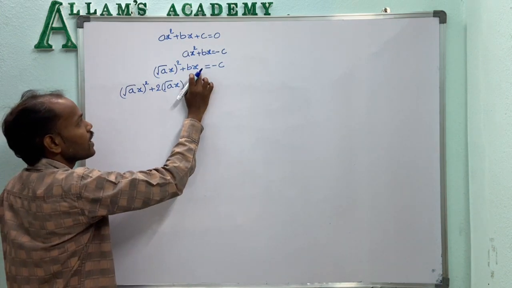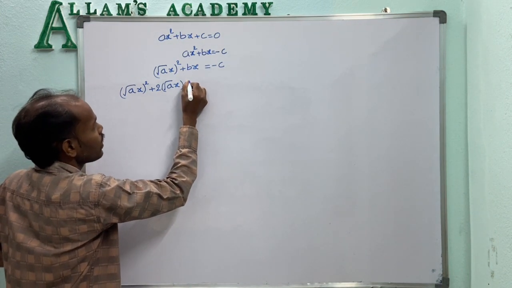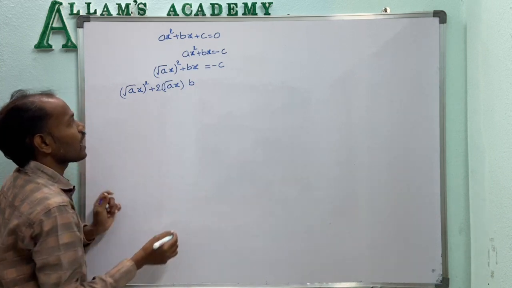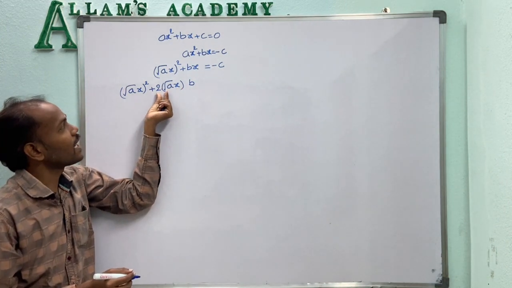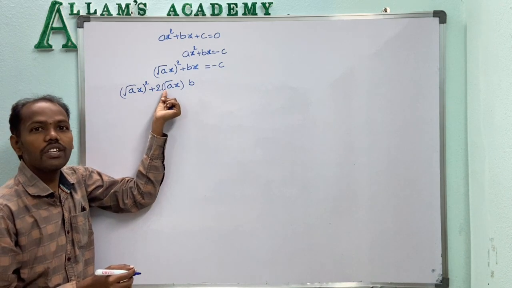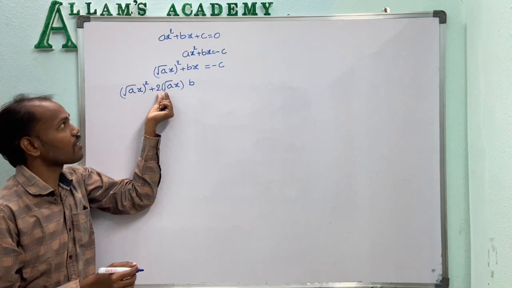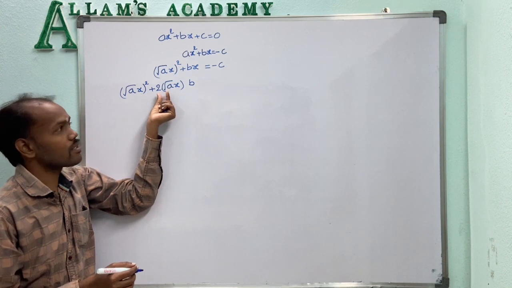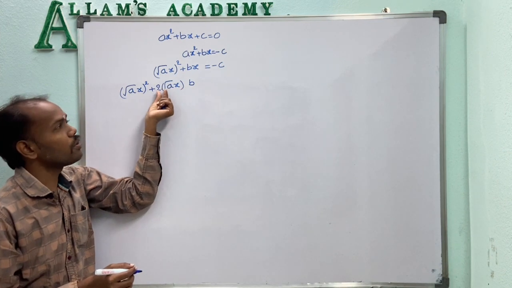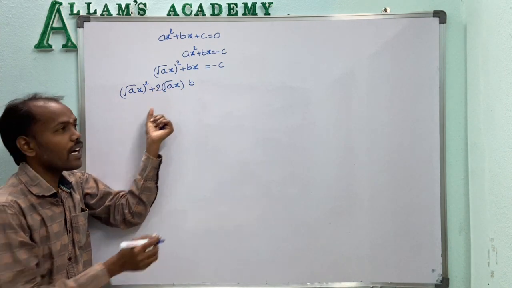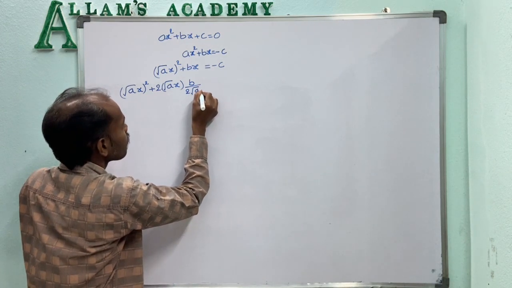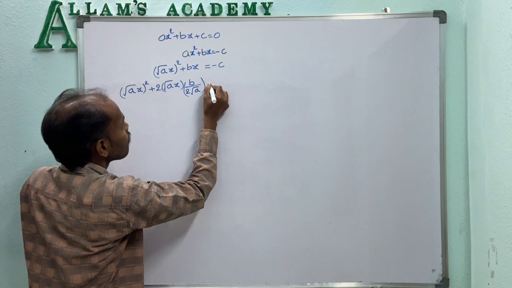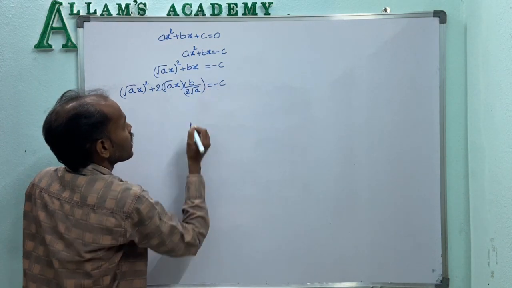Here bx is there, that means b we want to write. Now here b into x, bx, the extra numbers are 2 into root a. That is not there, so to make the multiplication we divide with 2 root a, that is equal to minus c.